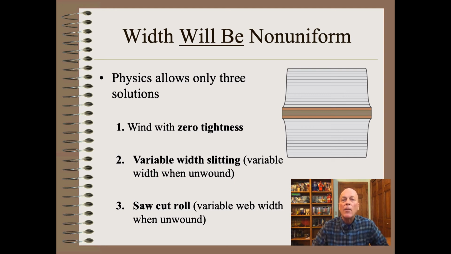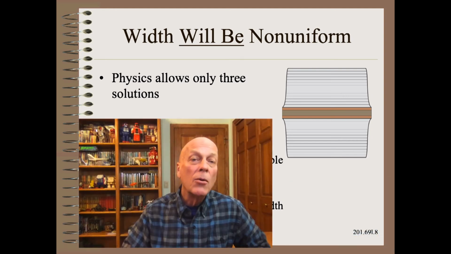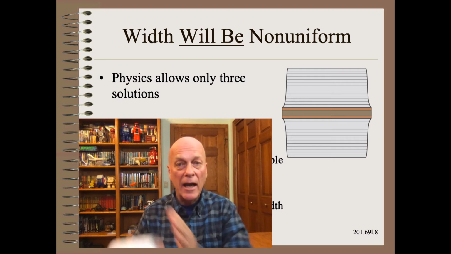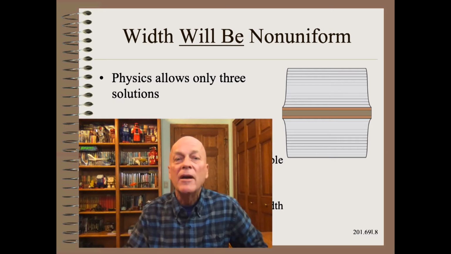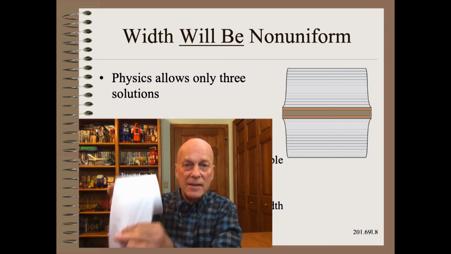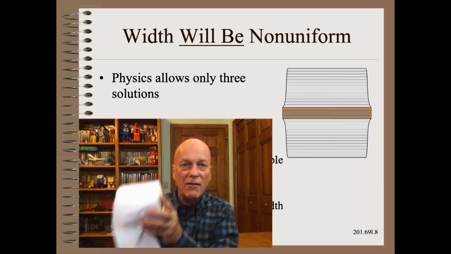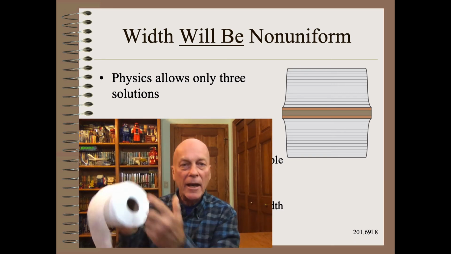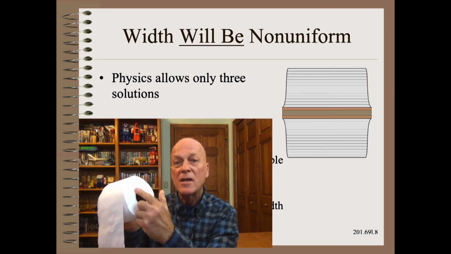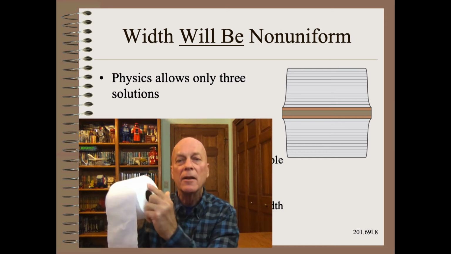Again, see our Web 101 class for details. While we are on the subject of roll edge quality, we might briefly mention that tension variation or machine vibration will make rough roll edges. The result is also guaranteed by the laws of physics.